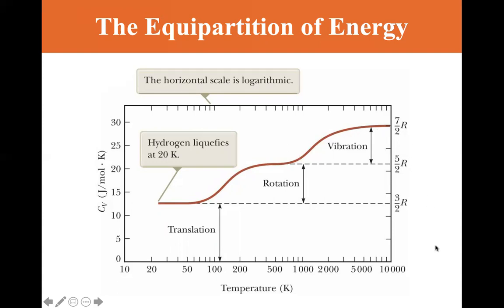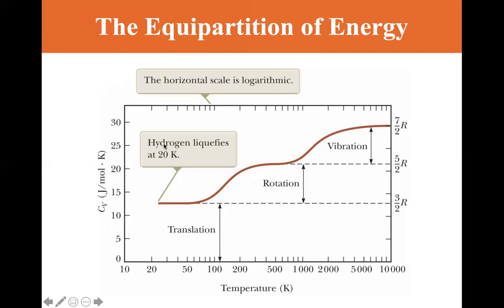So you can see how it jumps from 3/2 R to 5/2 R to 7/2 R with increase in temperature. Notice that the horizontal scale is logarithmic. You can see the 10, 20, 50, 100, 500, 1,000, 5,000, 10,000. You can see that it's logarithmic. This is not logarithmic on this side.